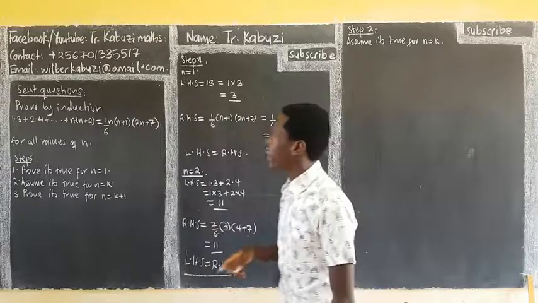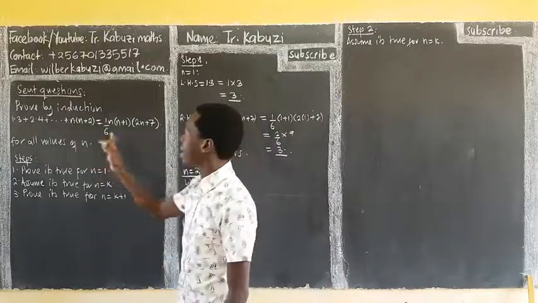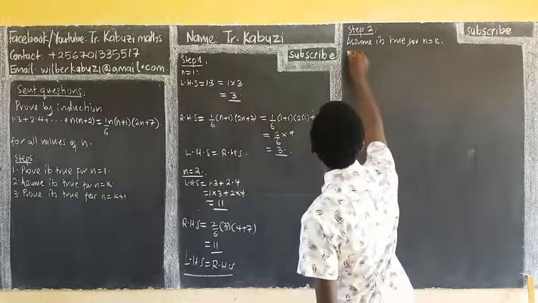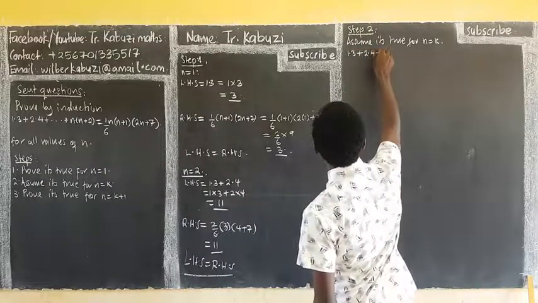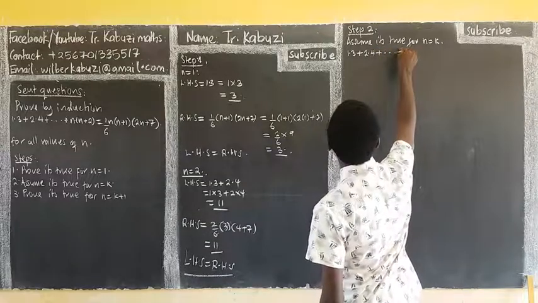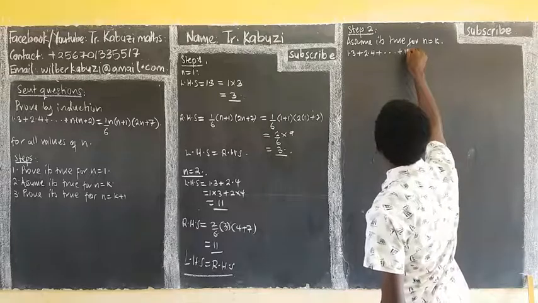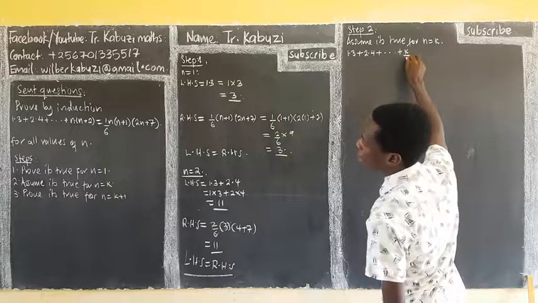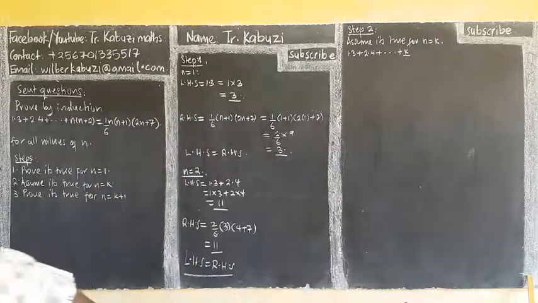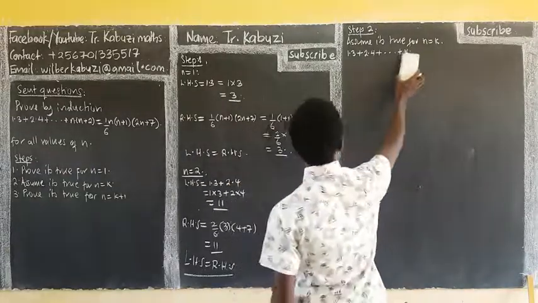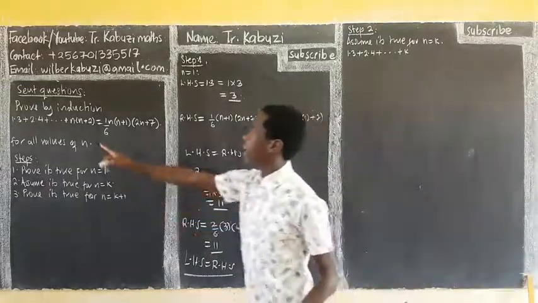Now, if it's true for n is equal to k, it means that where there is n, we are going to put k. So I'm going to be having 1 times 3 plus 2 times 4, then plus, now you see I have now k over, so it's just k. Now where there is n, we are substituting our k.